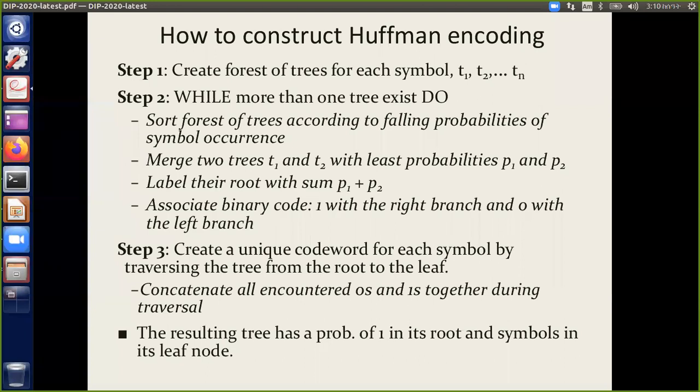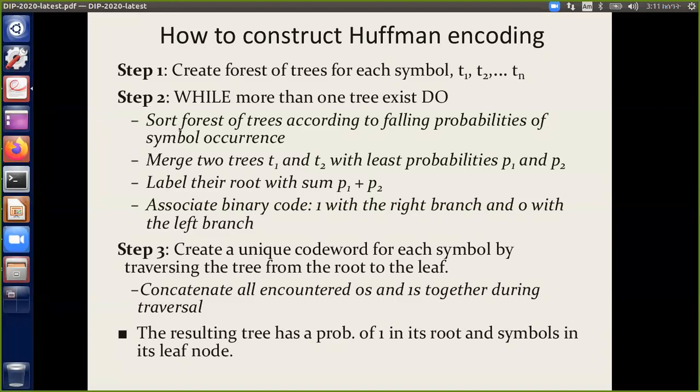Until one tree is constructed, it keeps merging the trees. To merge the trees, the first step is to sort the trees by their frequency of occurrence in increasing, or non-decreasing, order. Once we sort, we take the two trees with the least probability.